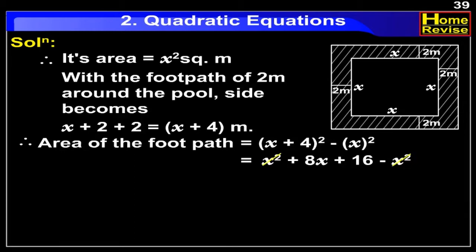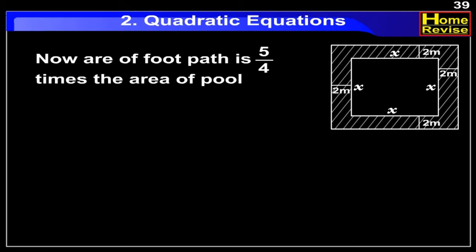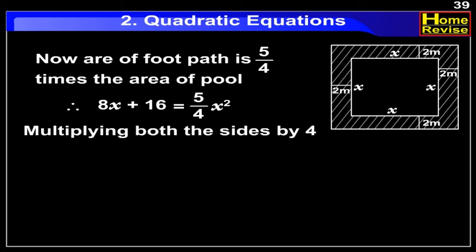Therefore, area of footpath is equal to 8x plus 16 square meters. Now, area of footpath is 5/4 times the area of pool. Therefore, we have 8x plus 16 is equal to 5/4 into x square.